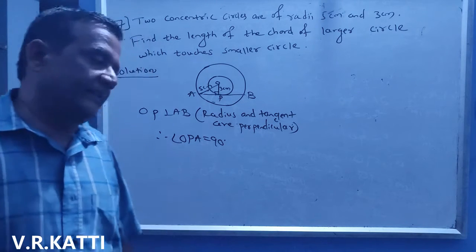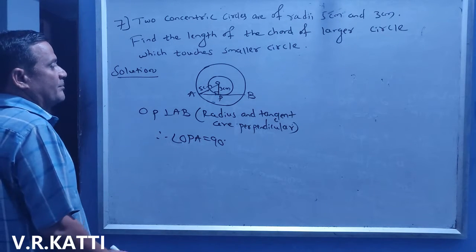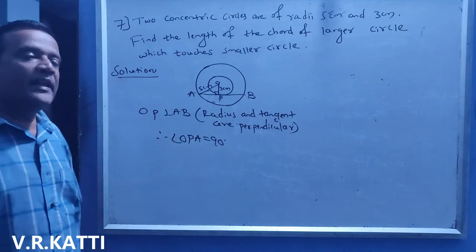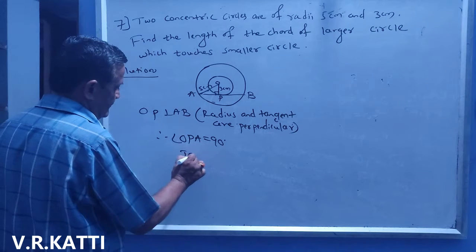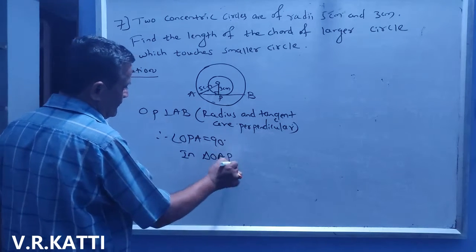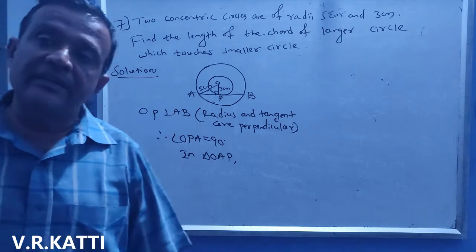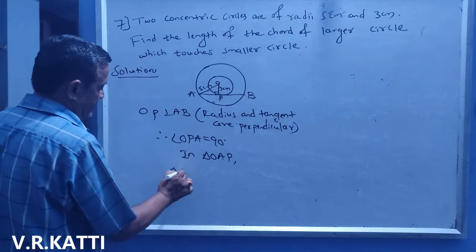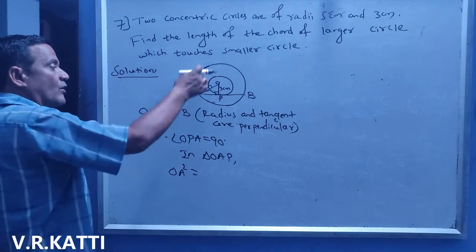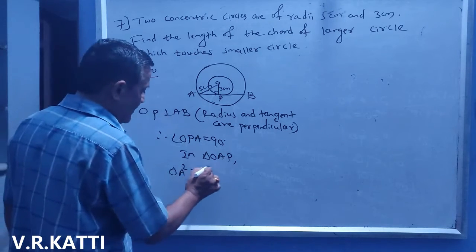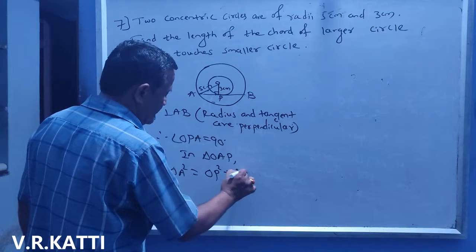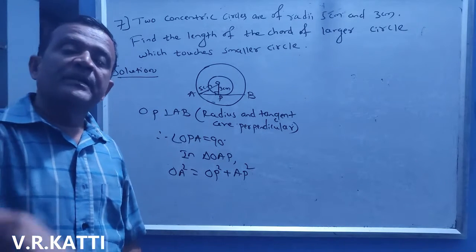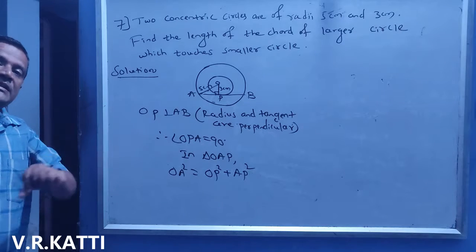OPA is 90 degrees. Then apply the Pythagoras theorem in triangle OAP. OA square equals OP square plus AP square.